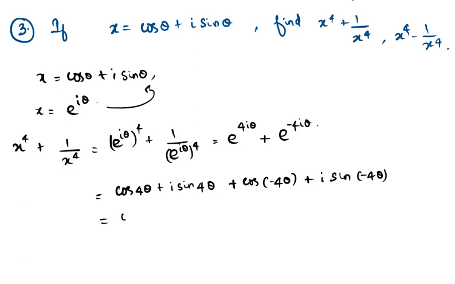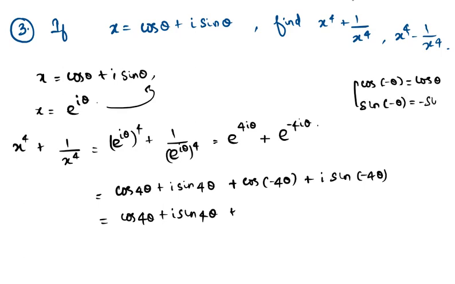Now we also know that cos of minus theta is equal to cos theta itself. So we can write it in the positive term, and sin of minus theta will become minus sin theta.